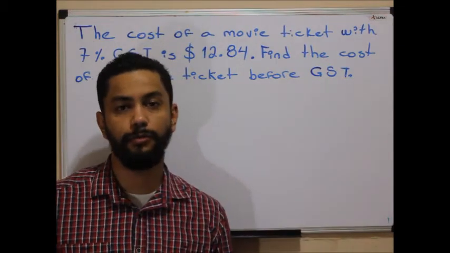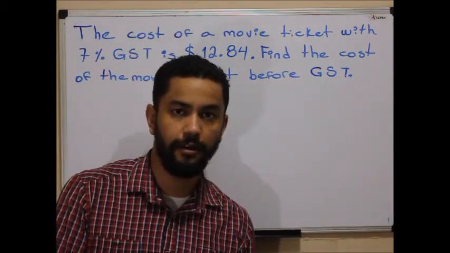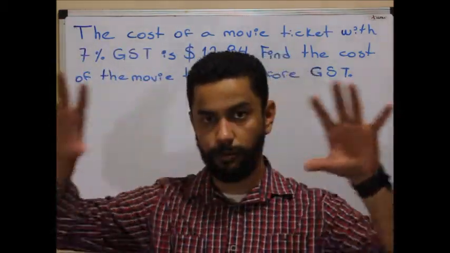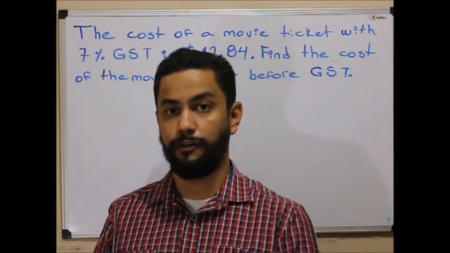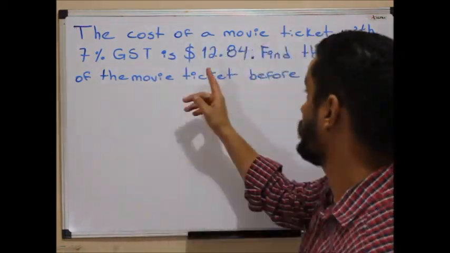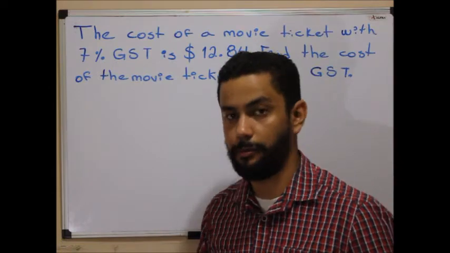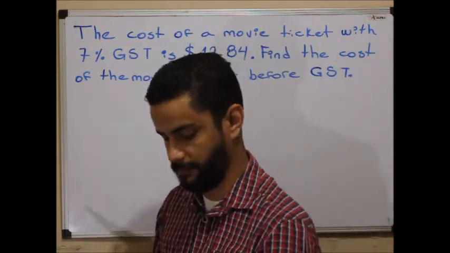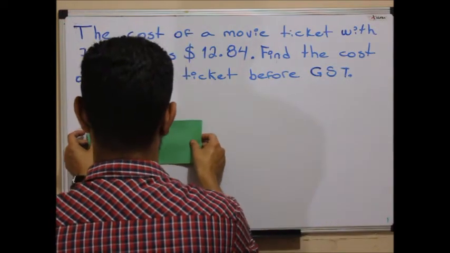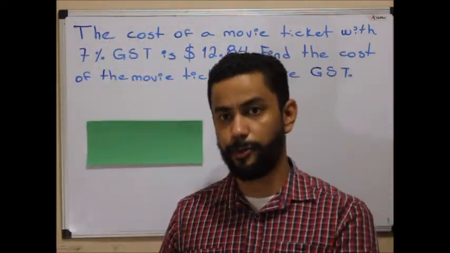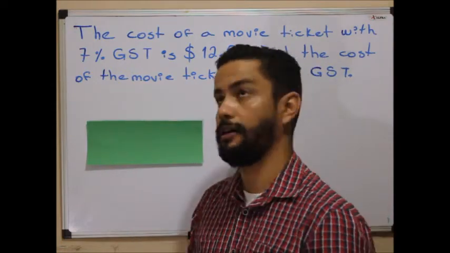Okay, so we're going to make a bar model again to represent that situation. The full price of that ticket, including the GST, will be our main rectangle. Now we're going to represent the tax.